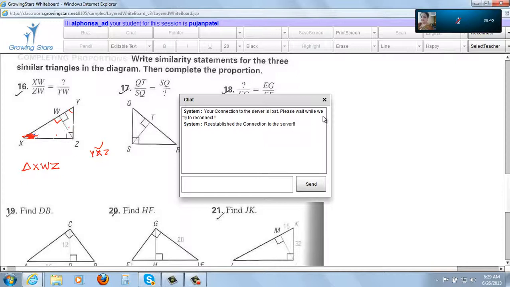Okay, here. So Y is common there. Y is the common vertex. So if you look at this big triangle XZY, I want you to name this triangle correctly. The ZWY one. Okay.